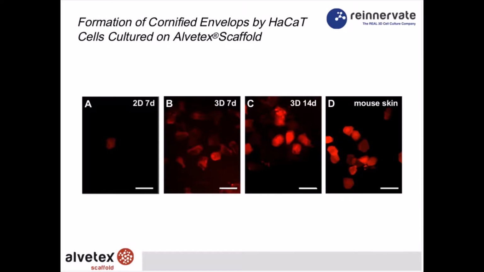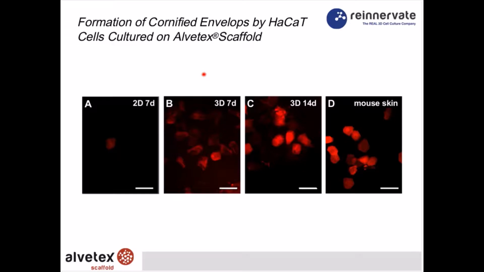We're particularly interested in those top cells, the cornified envelopes, and we've been studying the differentiation of those cells using a cell line. This is known as a HaCaT cell line, and we can prepare these cornified envelopes from our cultures using an aggressive methodology involving boiling samples in SDS.